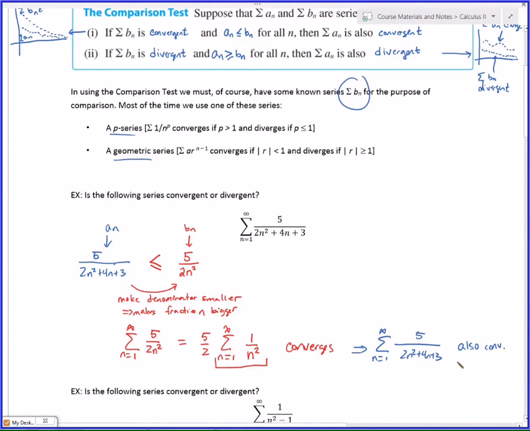It also converges by the comparison test. The key was I was able to bound this above by the terms of a series that I knew would converge.